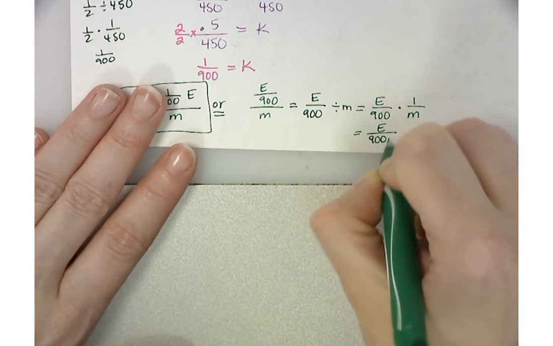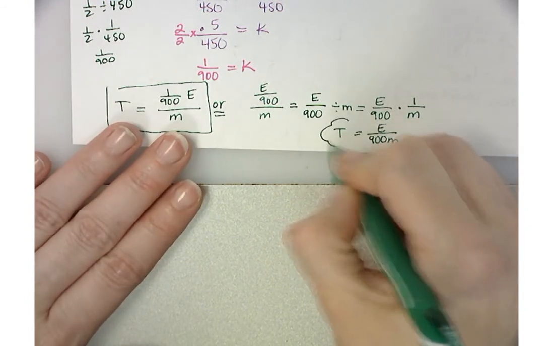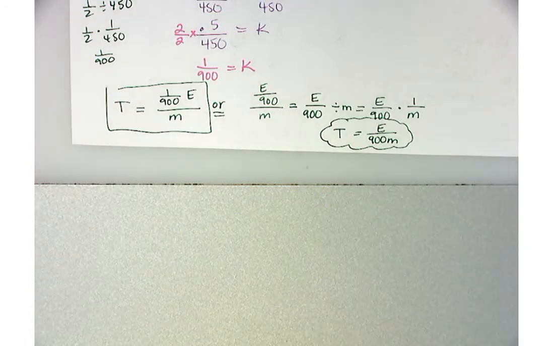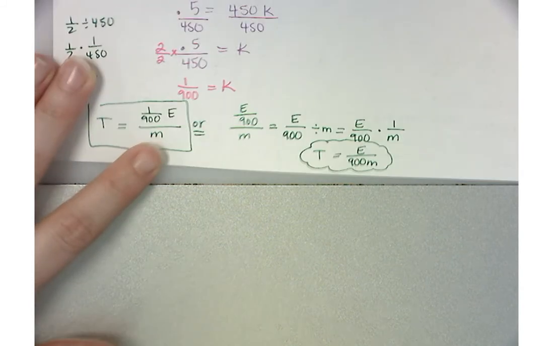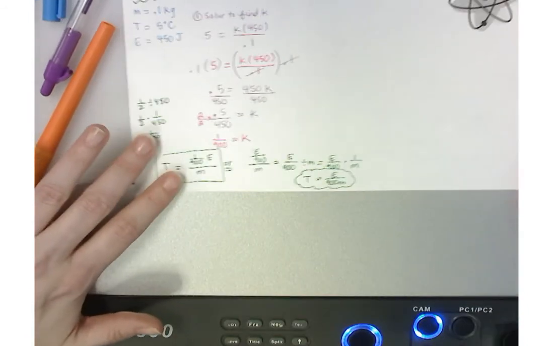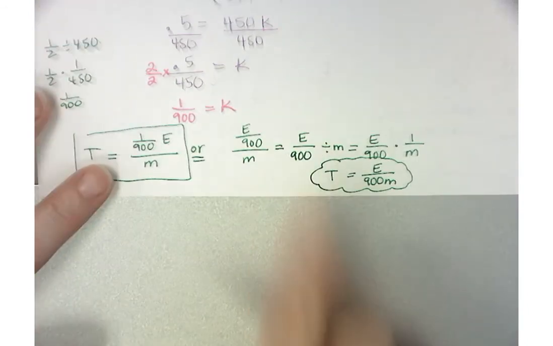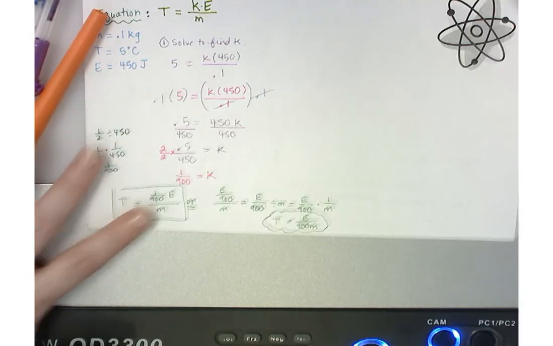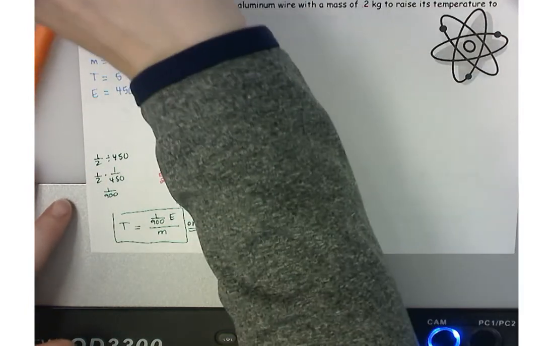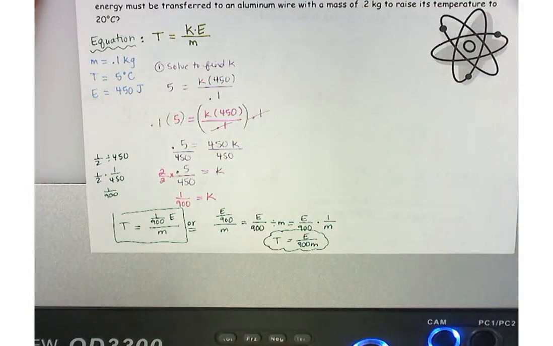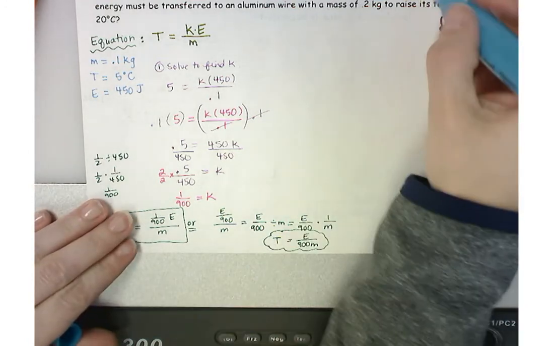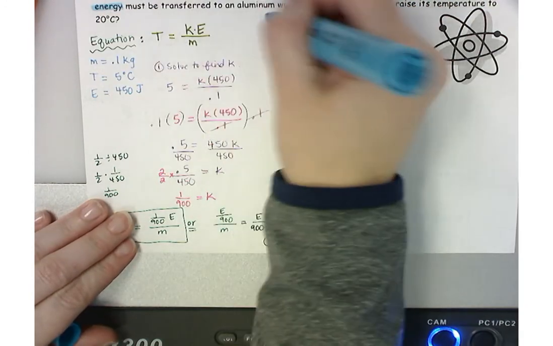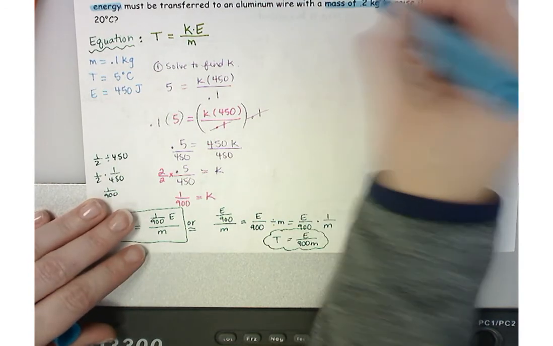Okay, so what this is asking you to do is find the heat energy, which is E. So we're going to find E when the mass is 0.2 kilograms and the temperature is 20 degrees Celsius. Okay, so I'm going to use this first one here. I'm going to show you how you can use the other one too.